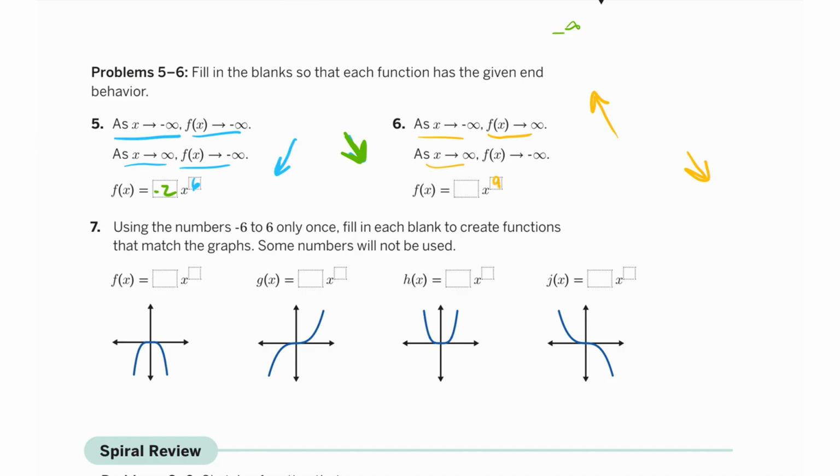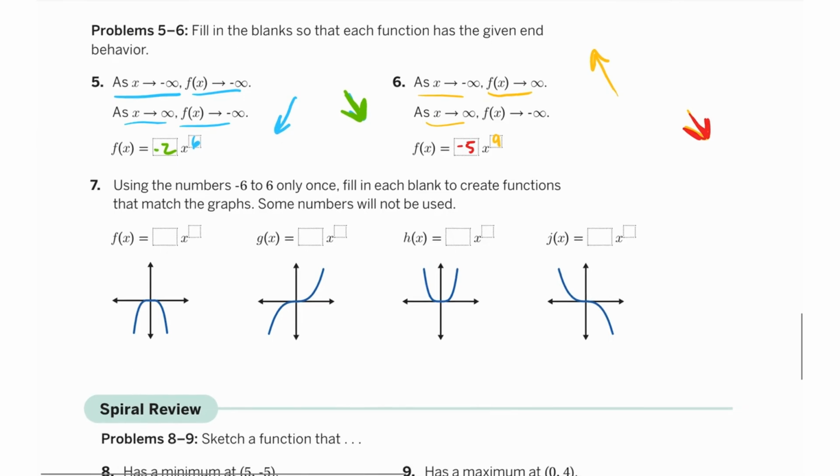Let's call it 9. Again, I'm just picking a random odd number. And then since my right side here is going down, I am going to have a negative coefficient, so we'll call that negative 5. And so again, just any number works here. I just know that my coefficient needs to be negative and my exponent needs to be odd.